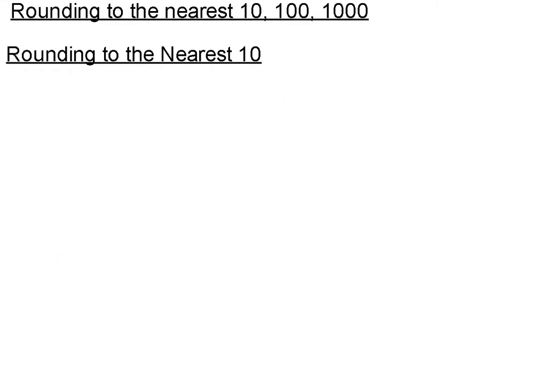Let's consider another example. Let's say I've got the number 29 and I want to round this to the nearest 10. You can probably see already that the multiple of 10 which is closest to this number is 30, so we're going to get 30. But what we can do is the same as before. We can underline the number in the tens column.